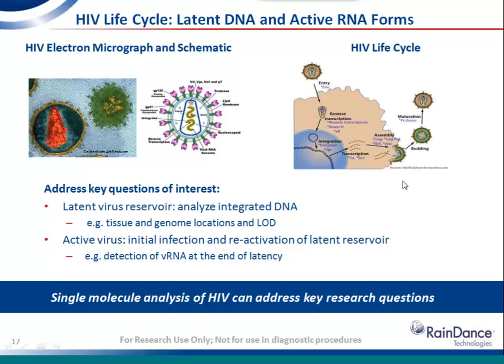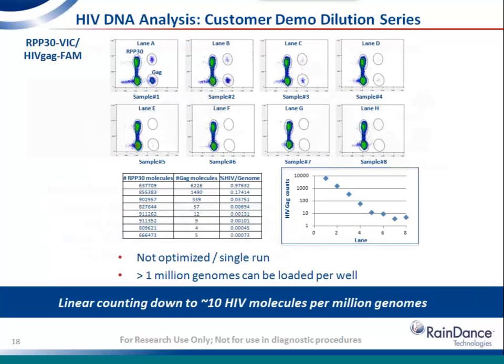So there are key questions of interest to researchers in both aspects of this life cycle, HIV as integrated DNA and HIV as RNA, both during infection and as it escapes latency.